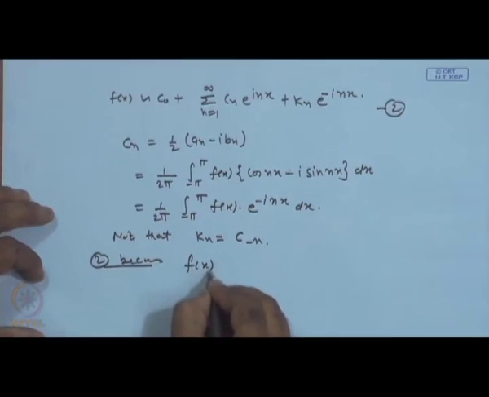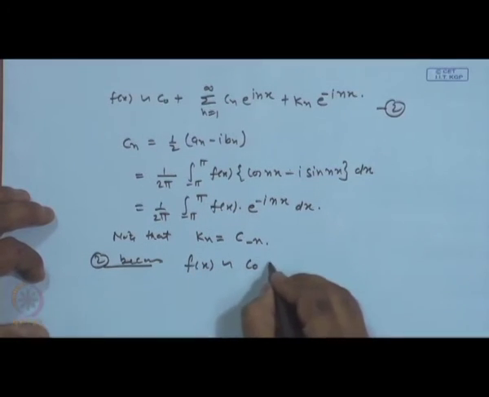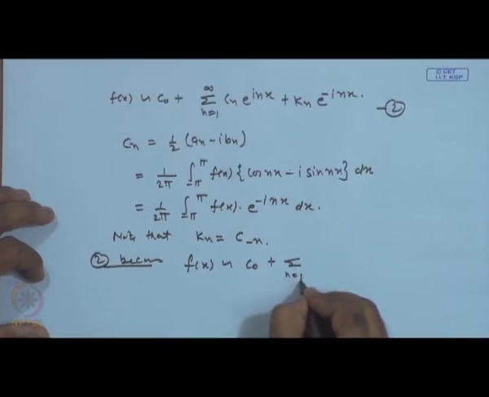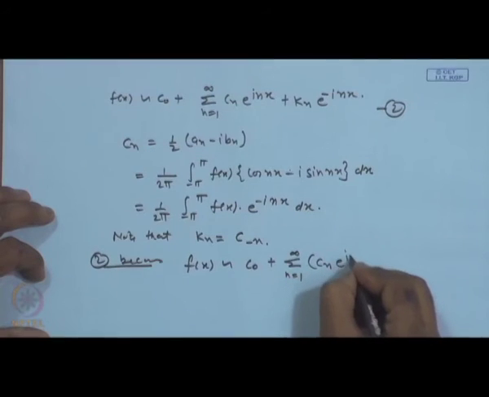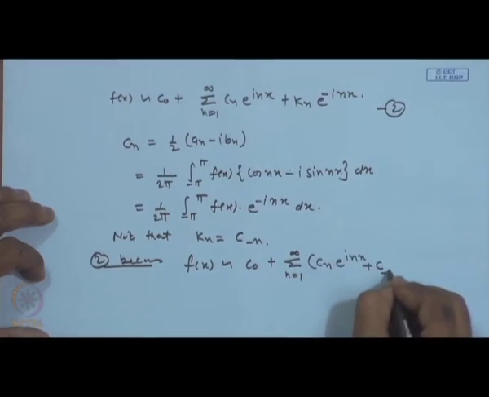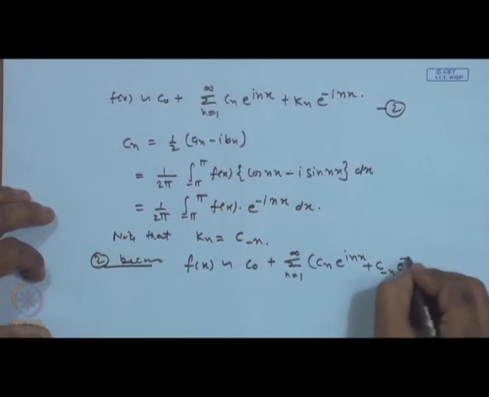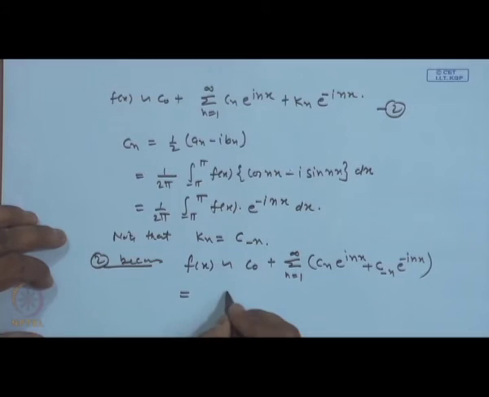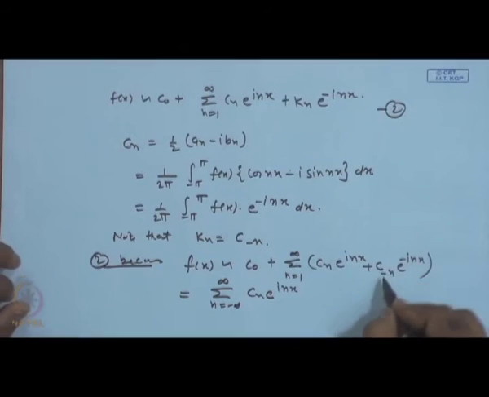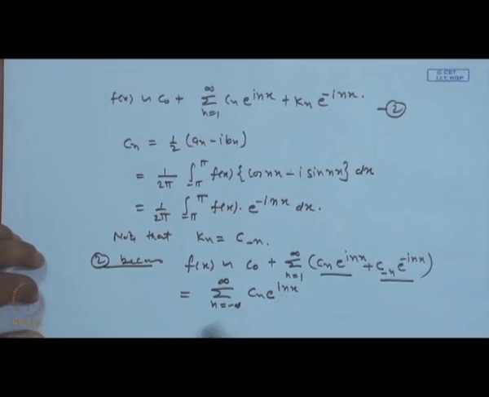So then this equation 2 becomes: f(x), its Fourier series in this form, we have C_0 and sum from 1 to infinity, we have C_n e^(inx) plus C_minus n e^(-inx), or we can combine this and write the sum from minus infinity to plus infinity of C_n e^(inx). So, this will automatically cover these terms as well as this term.